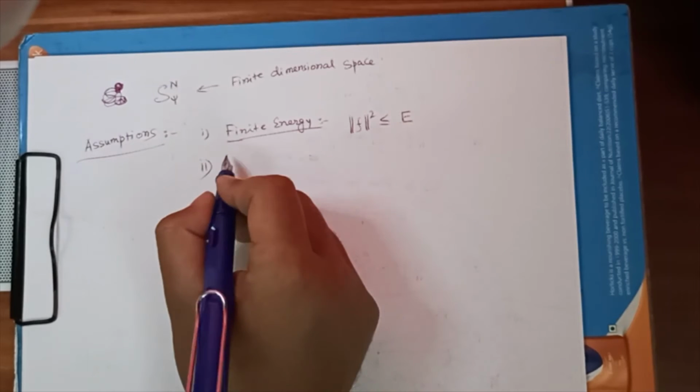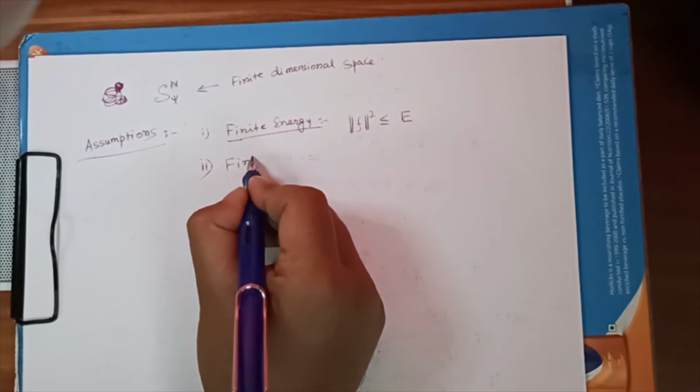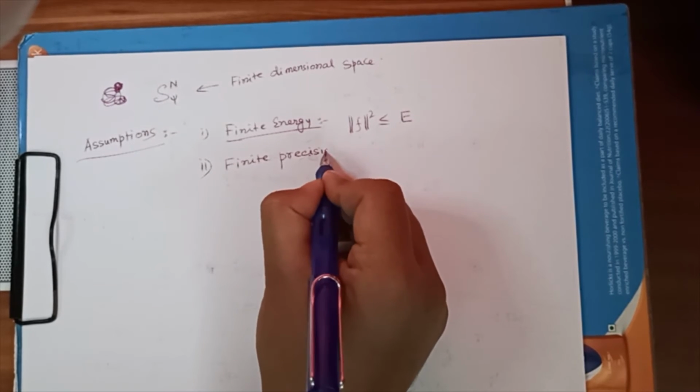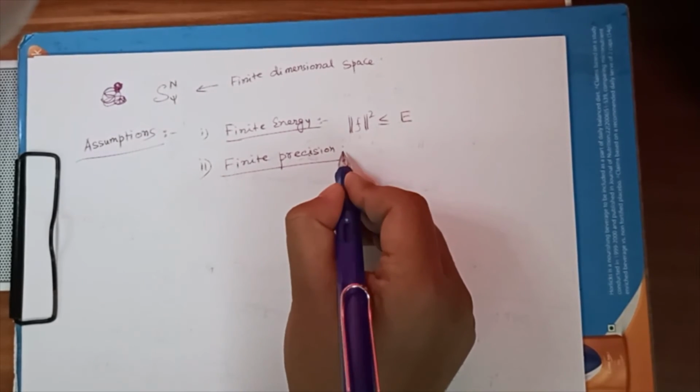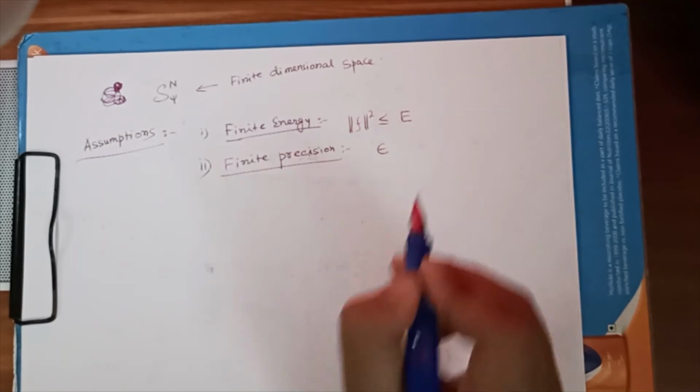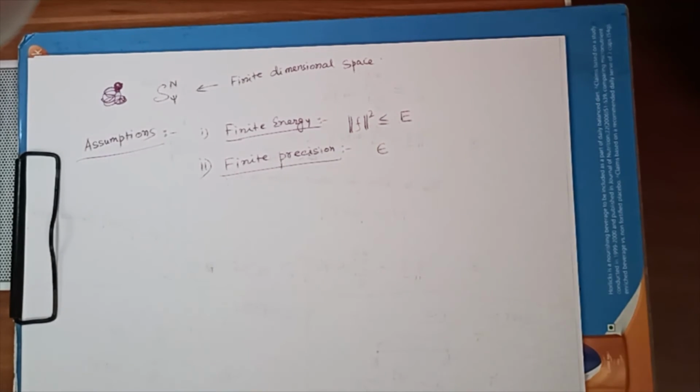Second is having finite precision. We should talk a little bit about this finite precision. Suppose there is some precision, some epsilon. Epsilon is the precision. So what do we mean by precision? Precision means how clearly I can observe a particular signal, how uniquely I can observe a particular signal.